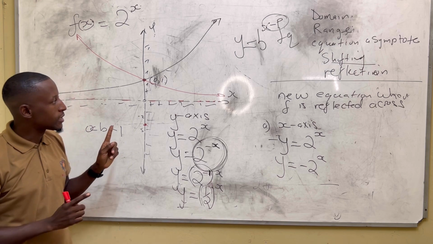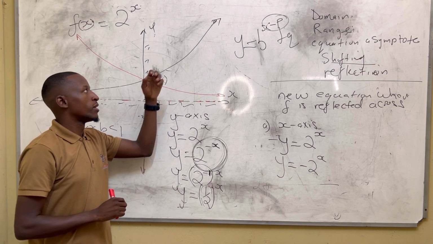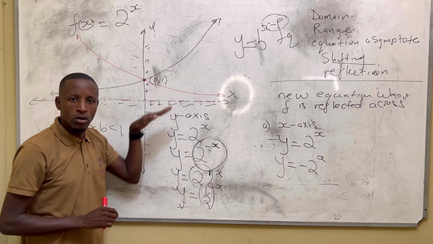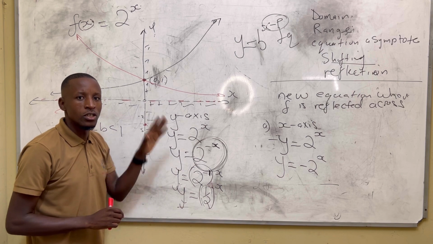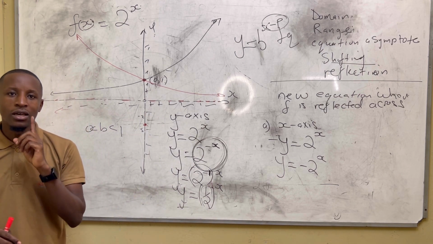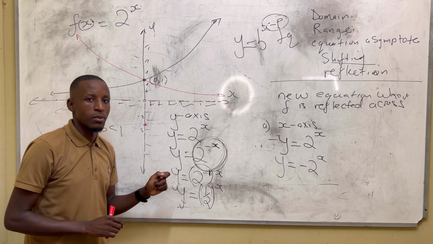So in our next lesson after this, we will deal with the inverse of the exponential graph. It has a lot of concepts, a lot of things that you cannot afford not to know. You can never go to the exam without mastering that part.